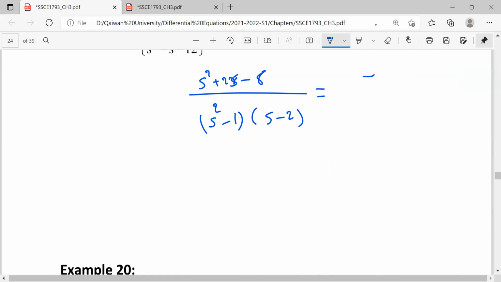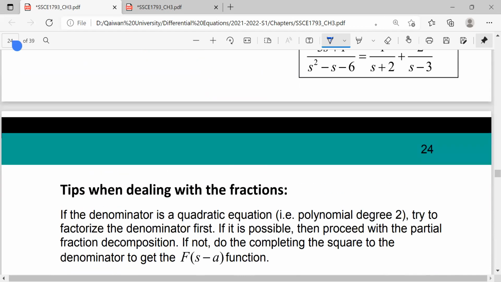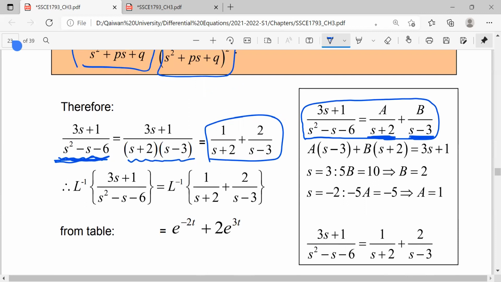We now try to solve the above example. We say the factorization of the denominator is s plus 2, s minus 3. It is a over s plus 2 plus b over s minus 3. Now we multiply this by that one and this by that one. We get a times s minus 3 plus b times s plus 2, and we equate it to the numerator here, which is 3s plus 1.